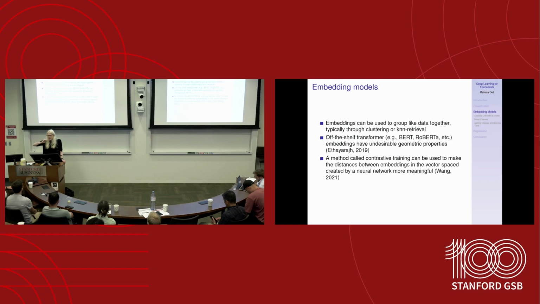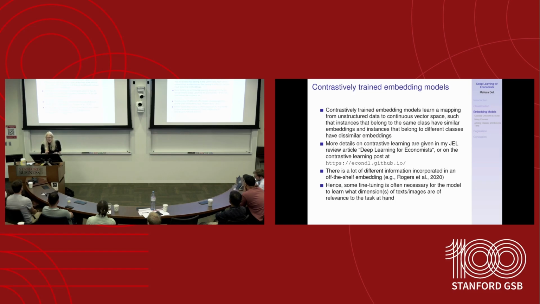I don't want to go into the technical details of that, but essentially the space created by, say, a BERT transformer is not a convex space, and so it's going to be problematic when you start working with those vectors, because essentially the model hasn't been trained to work with the vectors, and there are holes in the space and whatnot. And so there's a big literature on this. But the key thing to know is that there's a method called contrastive training that can be used to make the distances between the embeddings in the vector space that's created by your neural network meaningful for your problem.